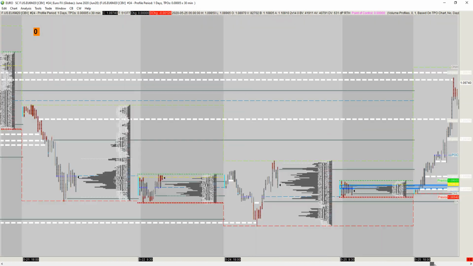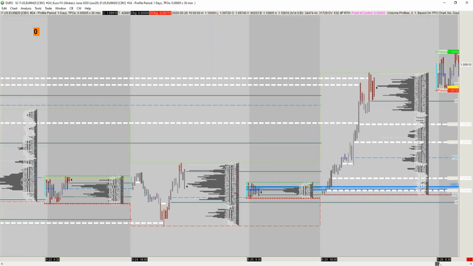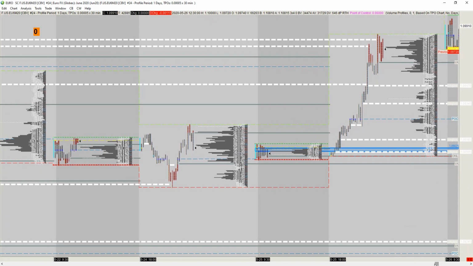So, also with euro and any kind of forex oriented strategies, I don't trade forex. I don't trade the forex pairs basically. But if you want to trade the forex futures of euro or any other forex pairs, you want to make sure that you're aware of central bank news.